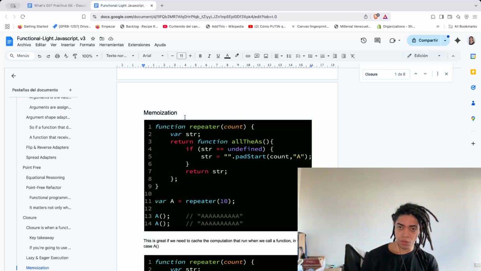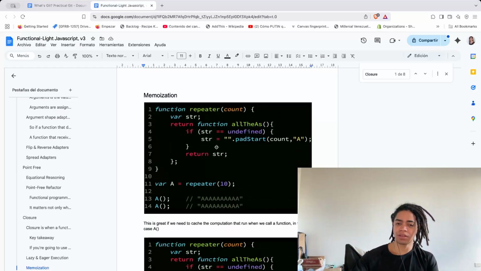If you already computed that value, you don't need to do that again. You just access the result, and so on and so forth. This is just a silly example of how you can do it in this case of the repeater, right?